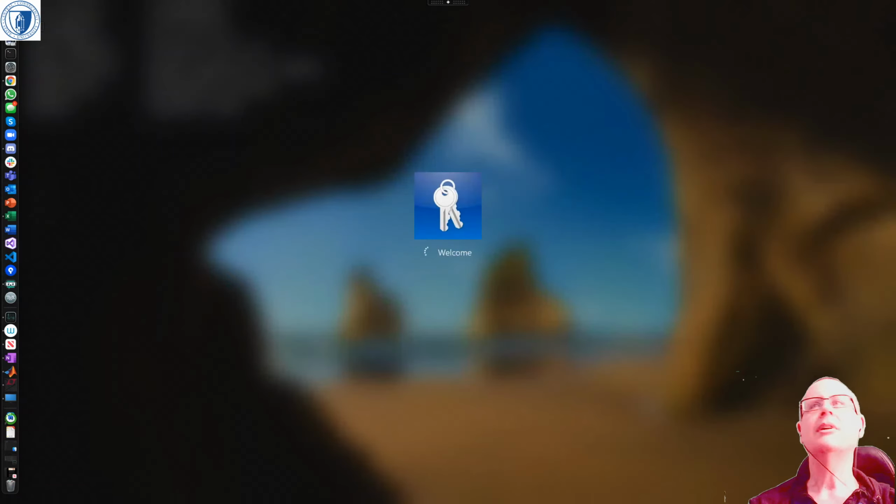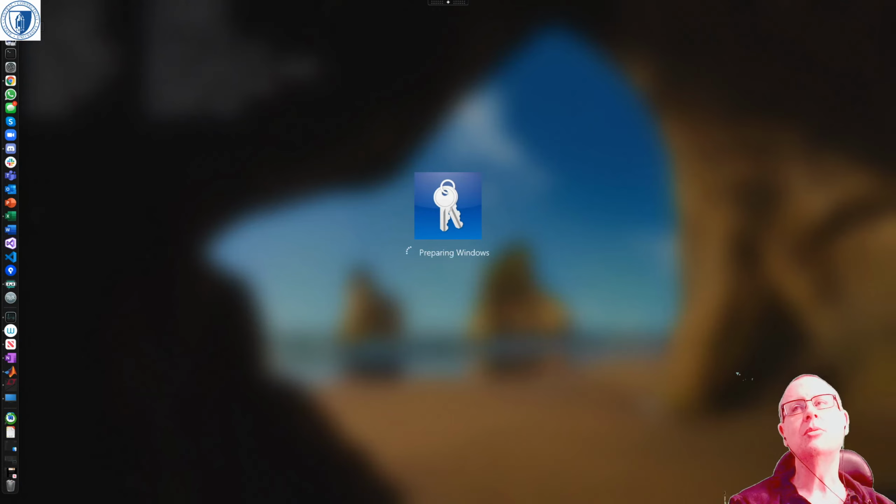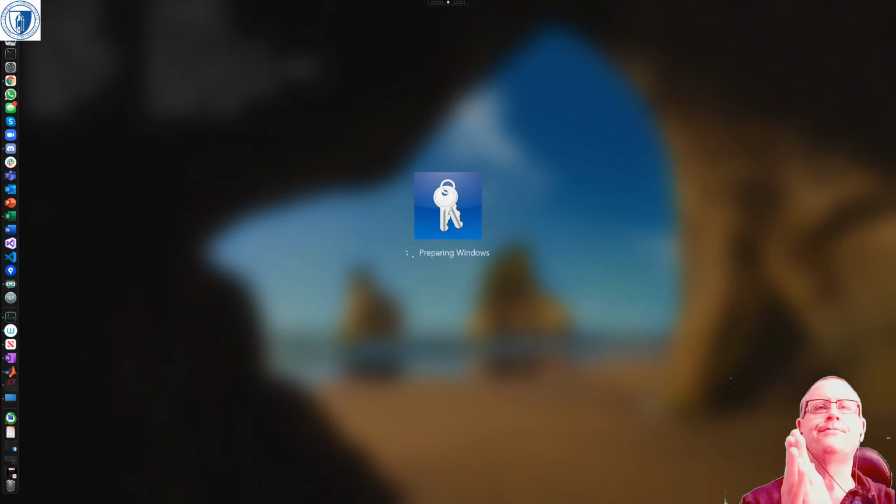Okay, so this is going to be a Windows machine starting up on the Citrix server at CCSU, and hopefully won't take too long. It's thinking about it.